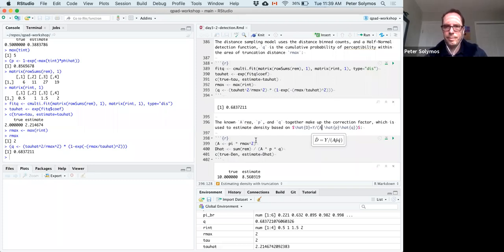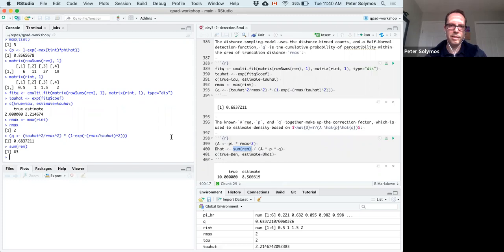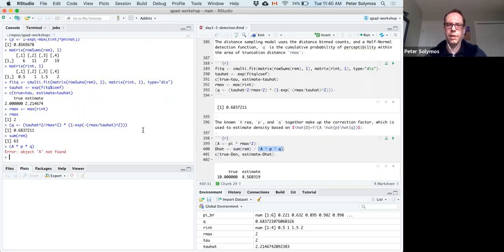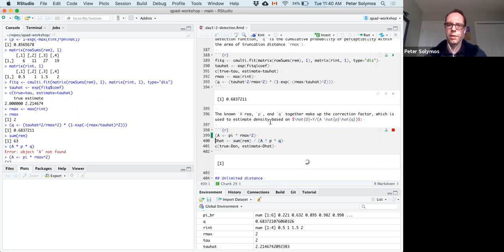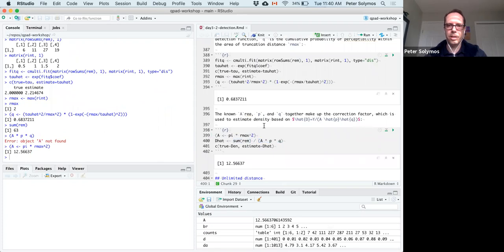So we know 200 squared times pi is our area. If this is the case, then we can just calculate this density estimate. The sum of the removal table is our total count, 63. And then this is our correction. A not found, of course. R max, that's the truncation distance 2, squared times pi is our area, 12.56.